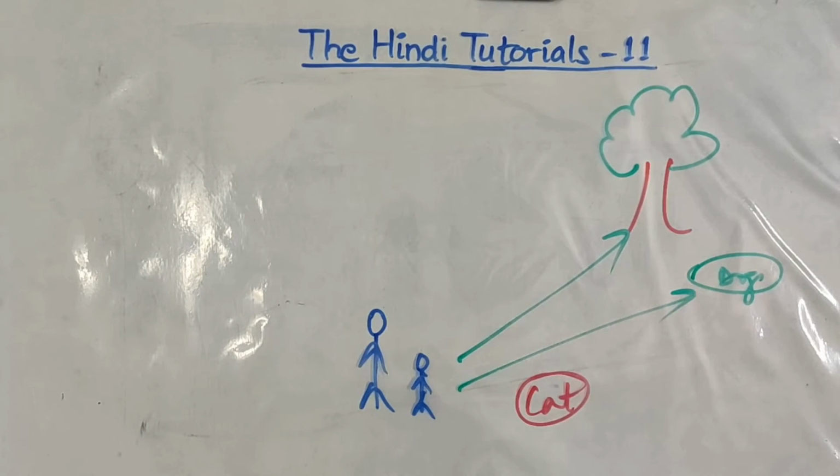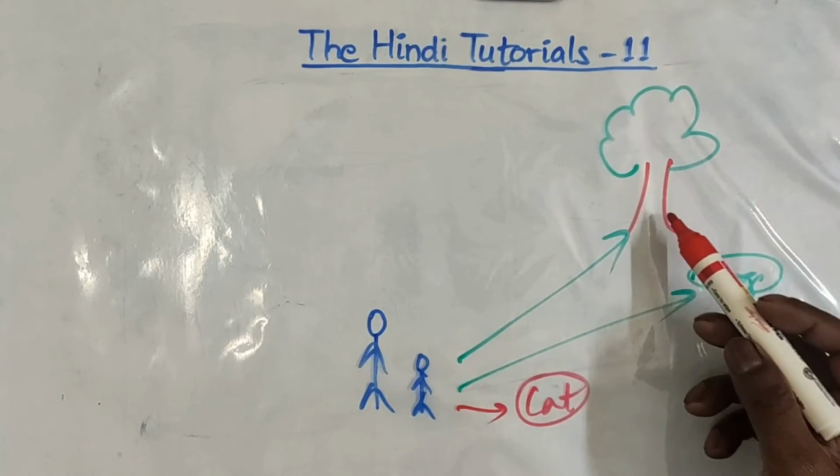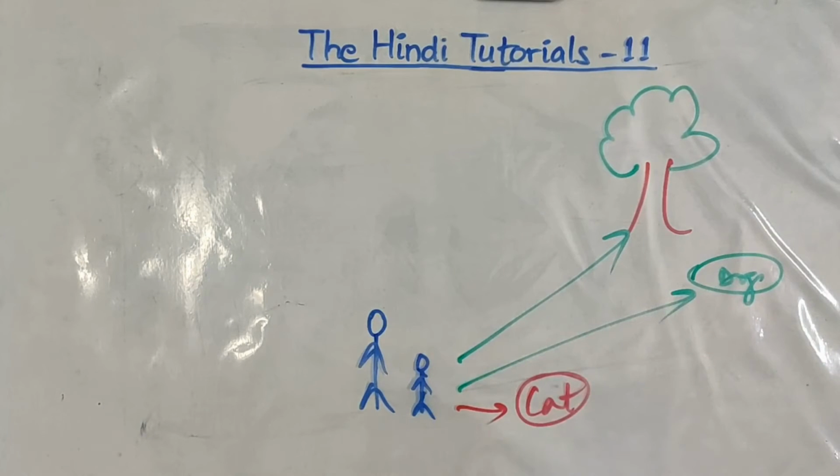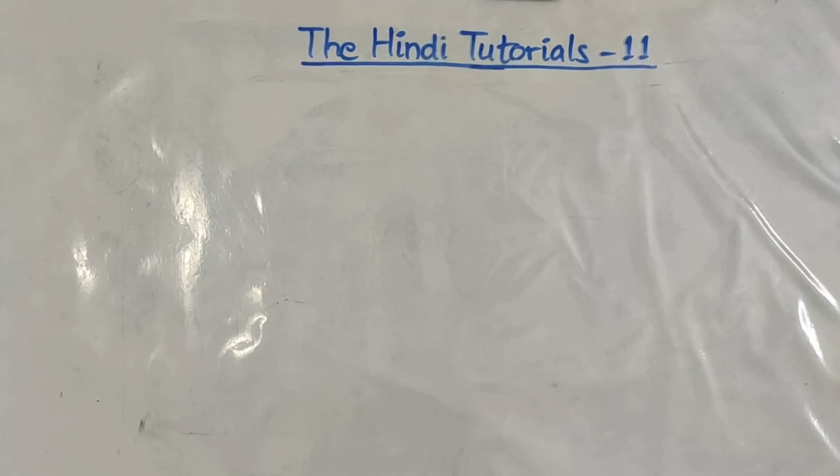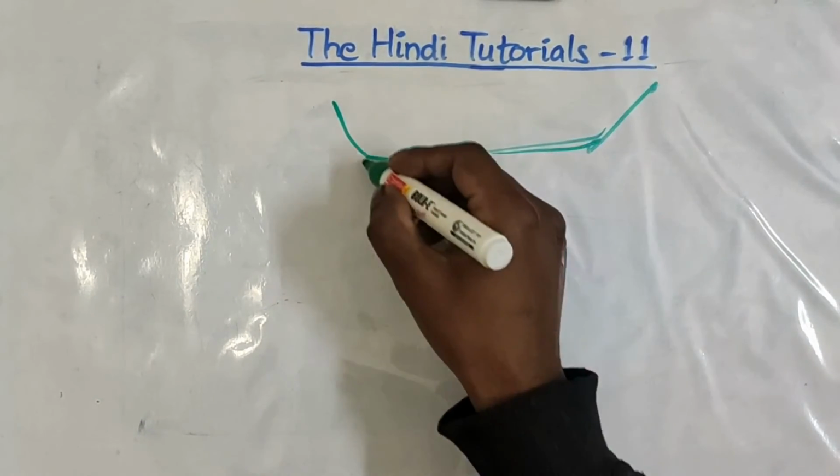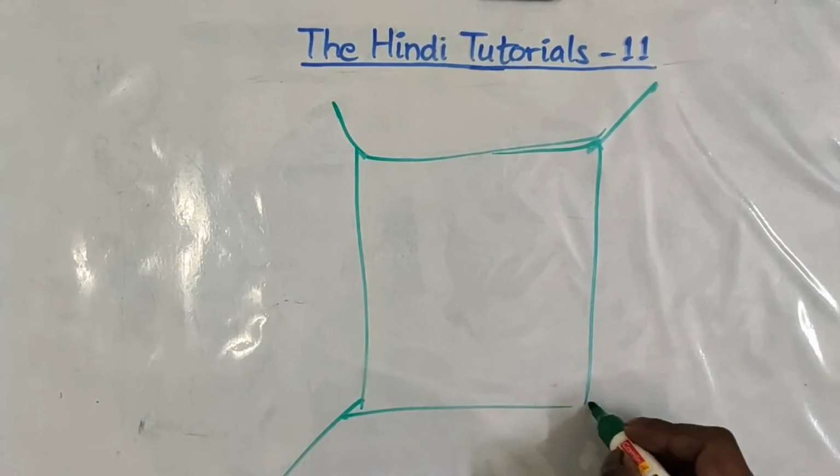And the kid asks me, ये क्या है? ये because cat is near. वो because tree and dog are far. So ये क्या है? I will say ये बिल्ली है. ठीक है? बिल्ली. It's a double consonant. बिल्ली means cat.